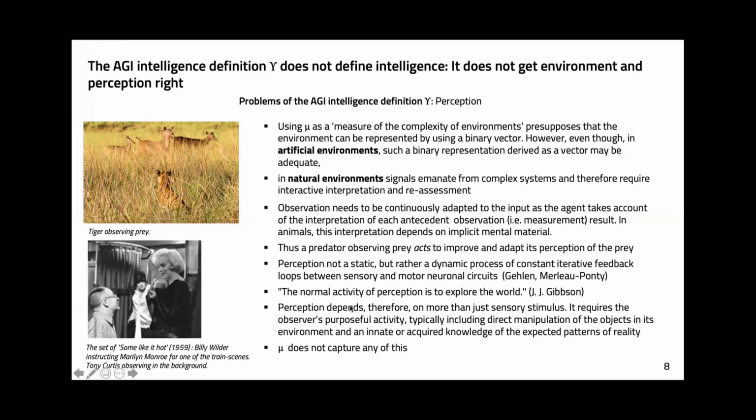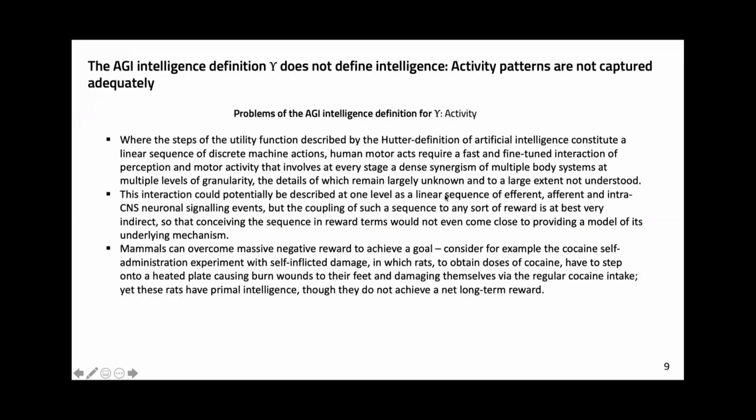For example, what does Tony Curtis, who is here acting as a woman, think about Marilyn Monroe in this moment? We don't know, but it's certainly an interesting question. Anyhow, perception is not modeled by this environment variable mu. On the next slide, we see the next problem, which is activity.